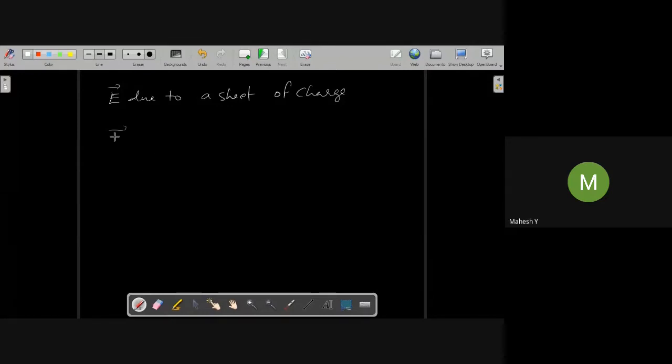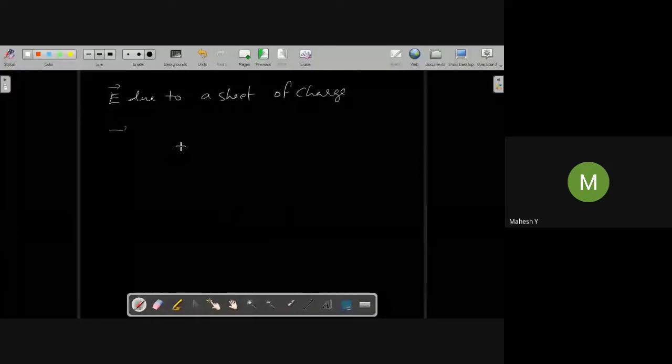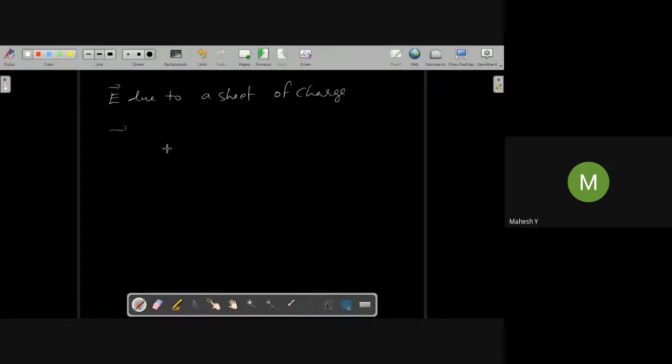What is charge density we have to consider? Which charge density? Surface charge density. Very good, Prajwal. That is rho s. Yes. Okay.